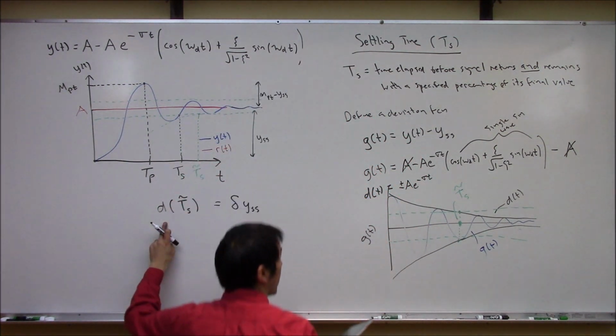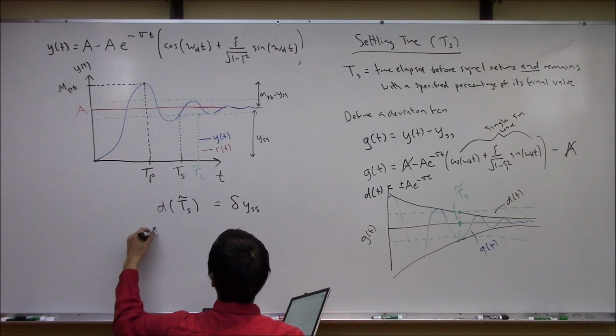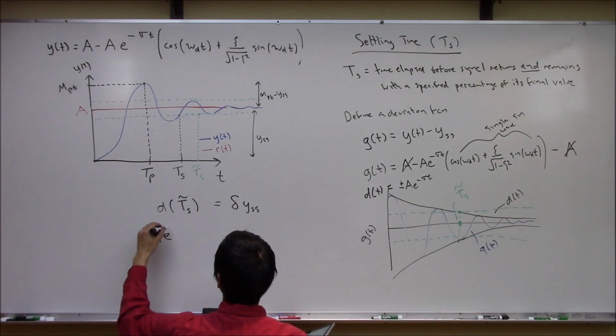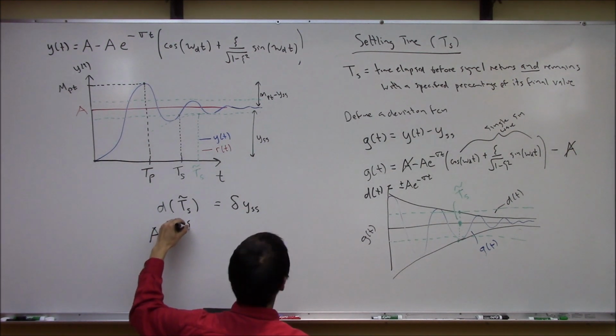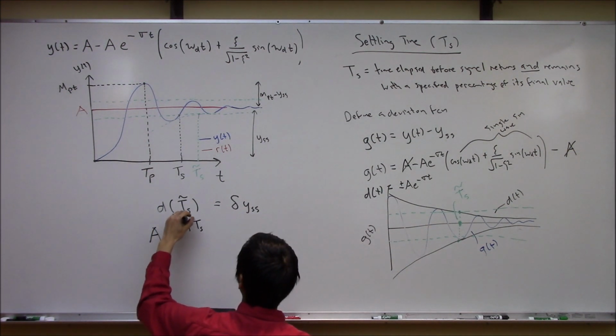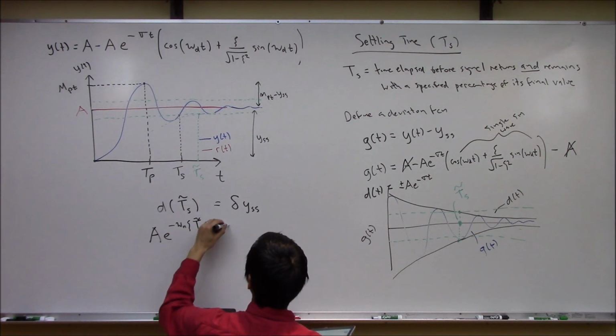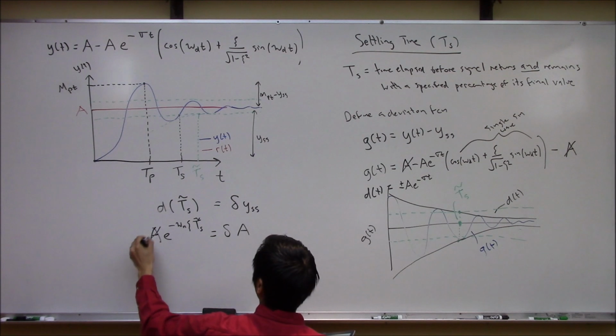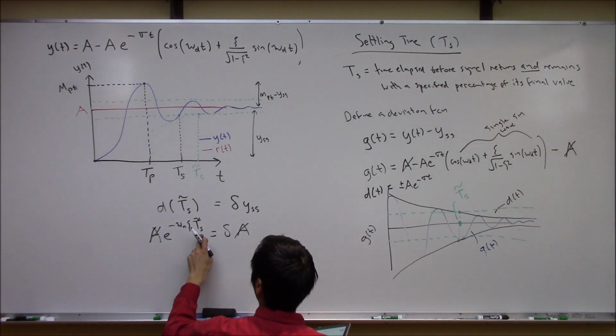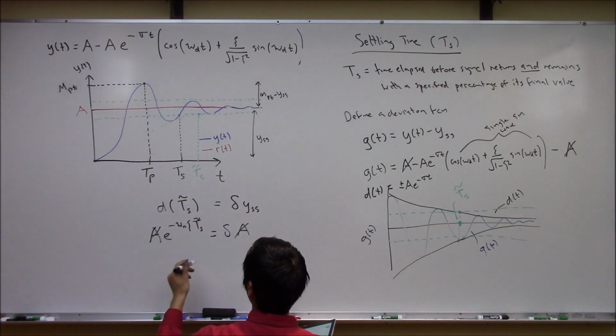Okay, so what's this side? This is A e to the minus sigma, sigma was omega n zeta, right, times t settling tilde, is equal to delta. What was our y steady state in this case? It was A, right? Great, so this cancels. I need to solve for TS, so I think I need to take a natural log of both sides.